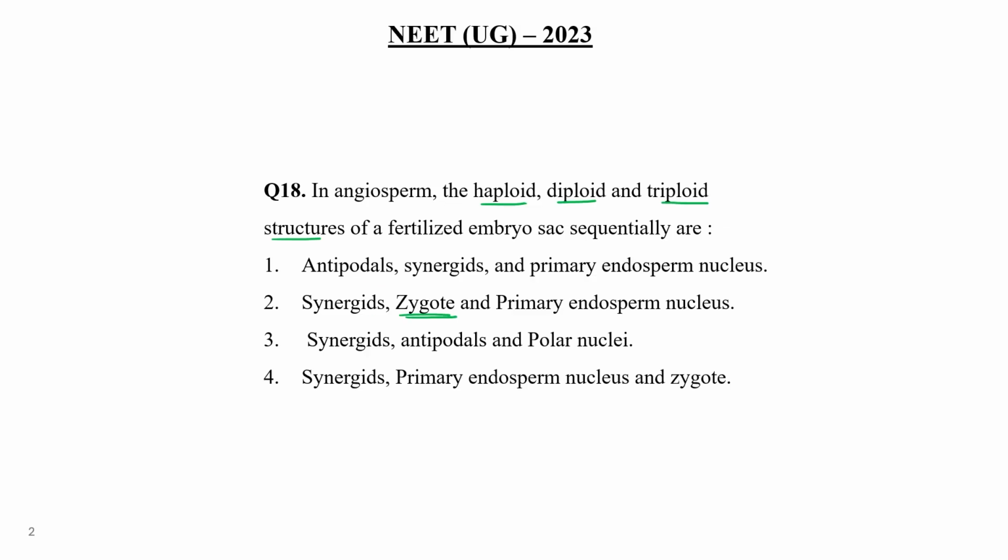But now triploid is the feature of endosperm, right? Primary endosperm nucleus, PEN. This is present in the third position in choice number 2, right? And obviously synergids are haploid in nature. So this is how we can solve this kind of question. Choice number 2 would be the correct answer. Clear?